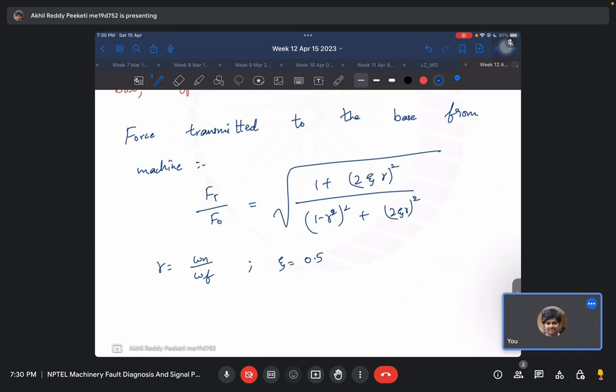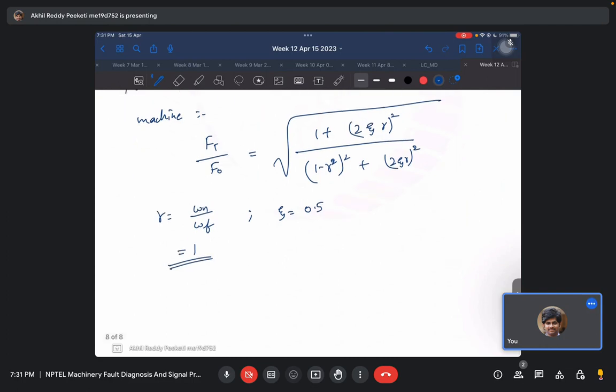In this case, because there is no forcing frequency and the frequency of the machine is actually transmitted to the base, the frequency ratio is actually 1 and the damping factor is 0.5.